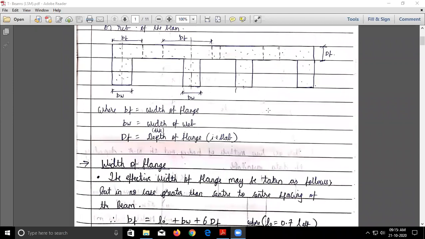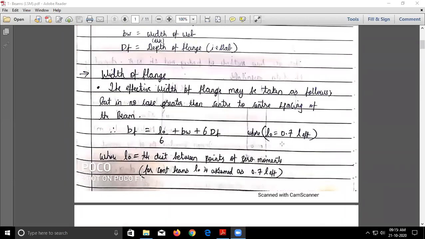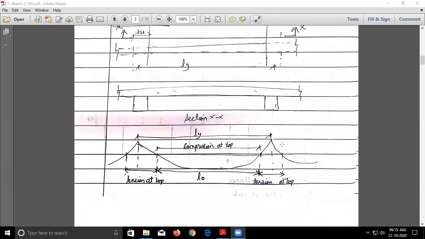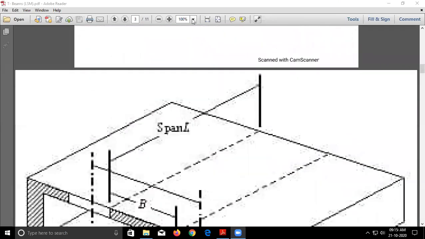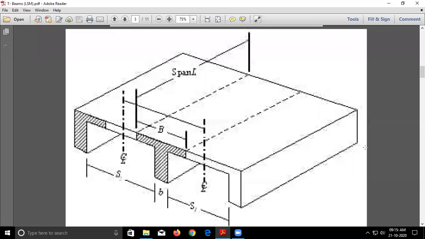Let us see some more figures so that you understand what actually a T beam is. In this figure, you can see a 3D view of a beam slab construction, so that you understand what exactly we are talking about. Here you can see this portion is what we are dealing with.